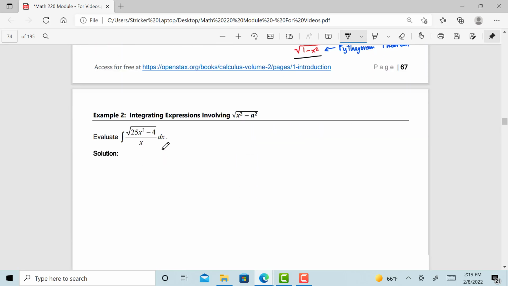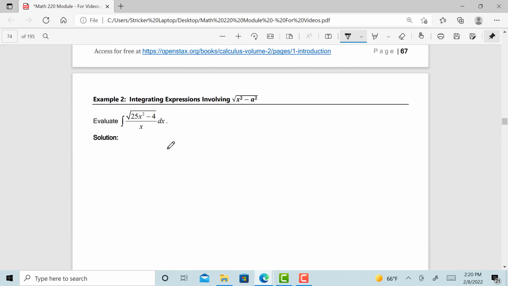And there's going to be a problem with that here because notice the constant in front of the x is 25 and then the constant on the other side is 4. And those mismatch. They don't work. So what we need to be able to do to simplify this, it would be nice if we could somehow get this to be 4 secant squared theta minus 4. That's what we need to get it to.